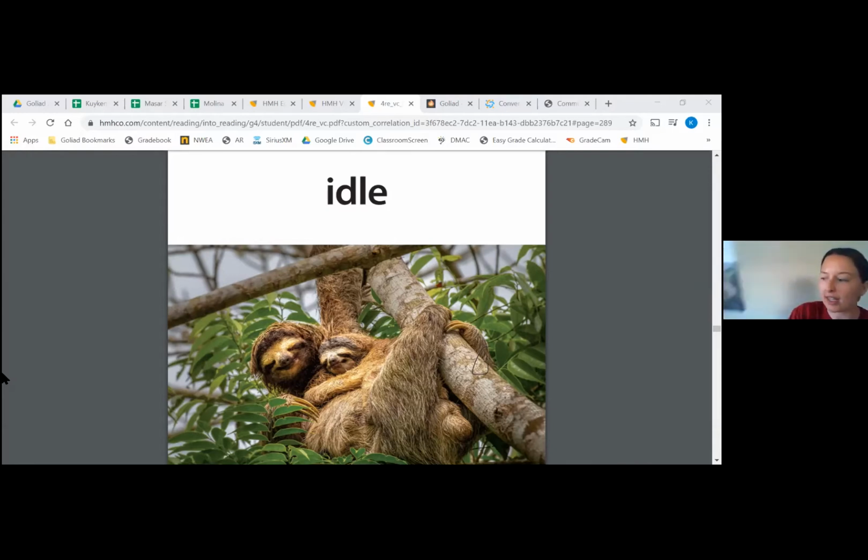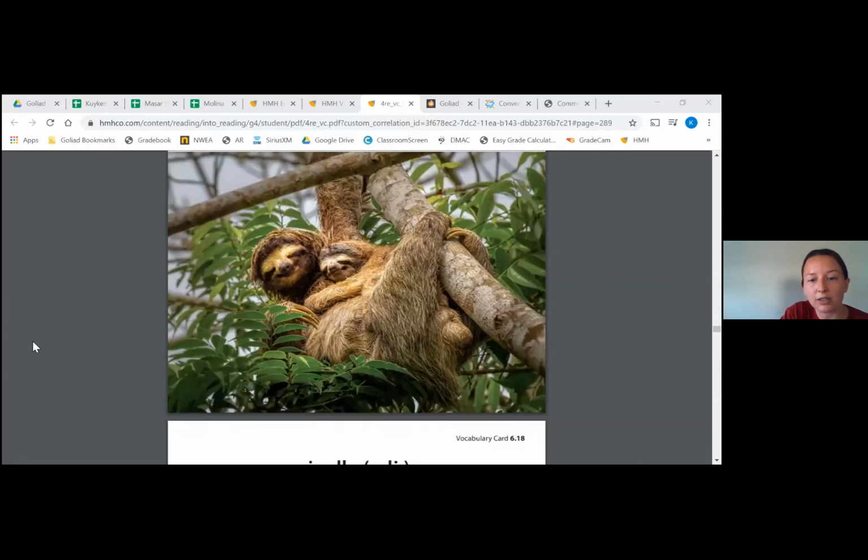So another thing to think about is, what if you're in your car with your parents and the car's on? What do y'all think? Are y'all idling, sitting there with the car? It's not moving. Does that make sense? Yeah. There's other ways that you can use these words. So just remember that.